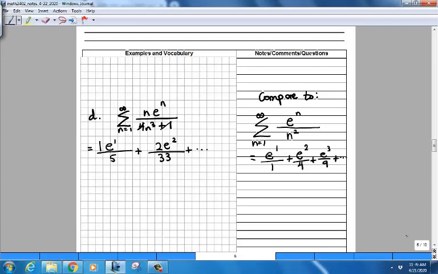But here we're going to use one of our prior tests. This is one of the first tests we learned. Remember, for a series to converge, as n gets large, the terms of the series have to get close to 0. Again, let me repeat that.